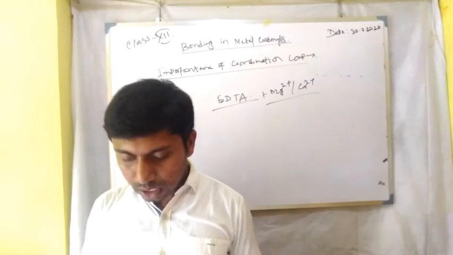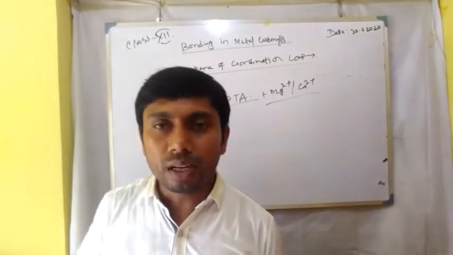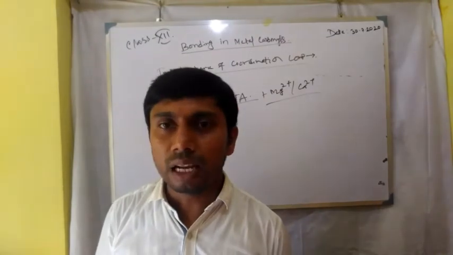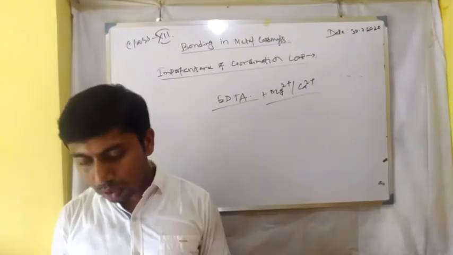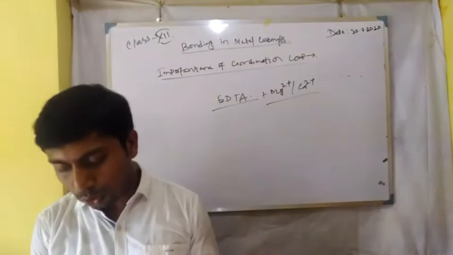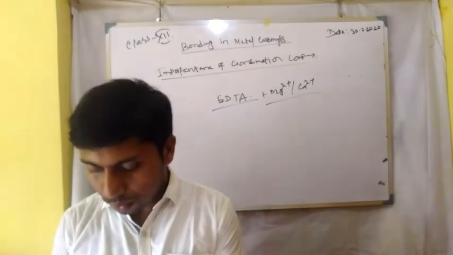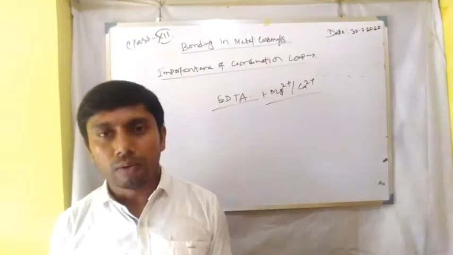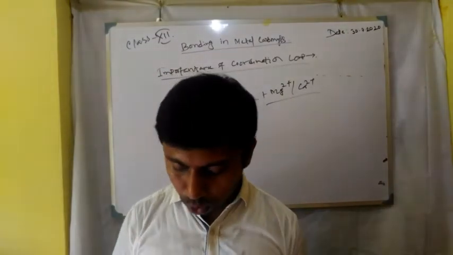Another process is the separation of metals like silver and gold from their sulfide ore. First of all, it is reacted with sodium cyanide. As sodium is more reactive, it will take the position of sodium sulfide, and we will get back pure silver or pure gold.